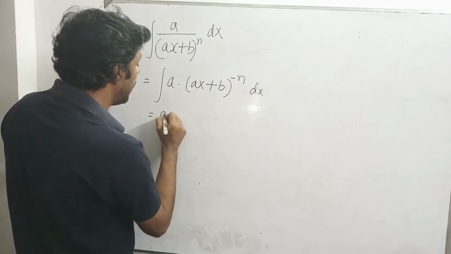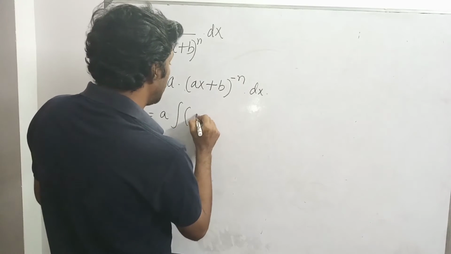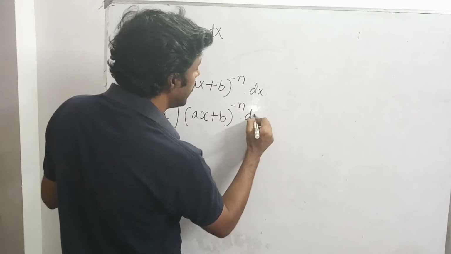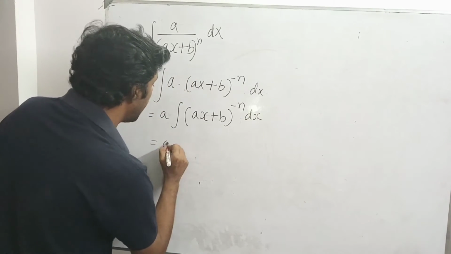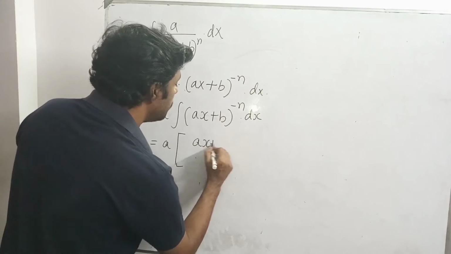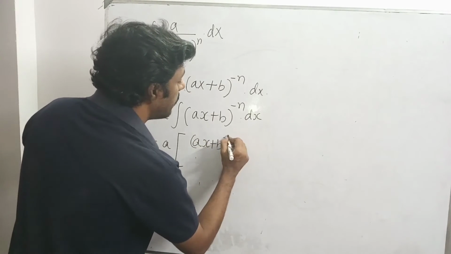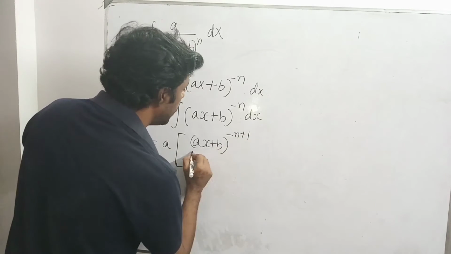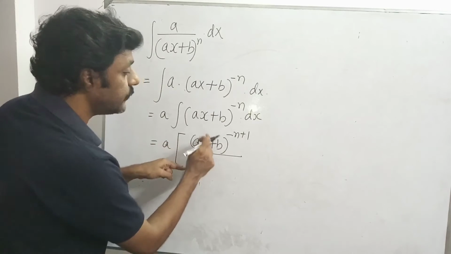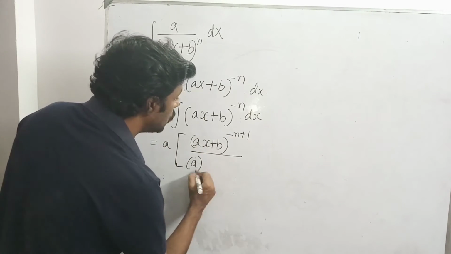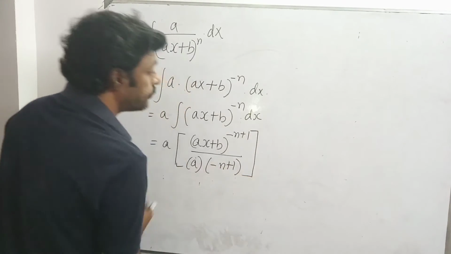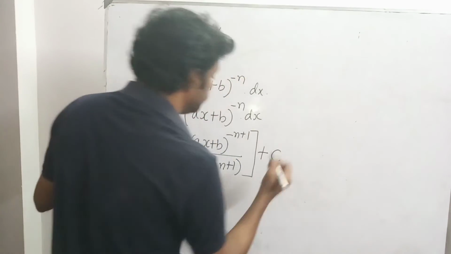So it will be a into integral of ax plus b whole power minus n into dx, which is nothing but a into ax plus b whole power minus n plus 1 divided by, so you have this a over here, since a is associated with this variable, a into minus n plus 1 plus c.